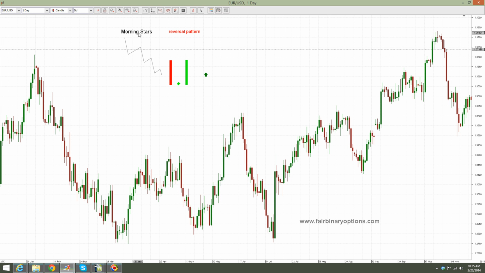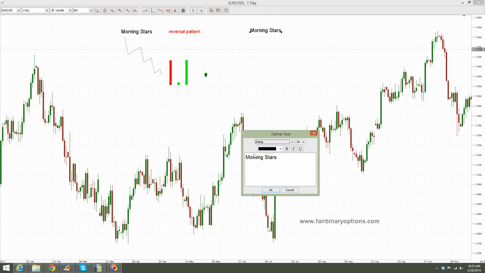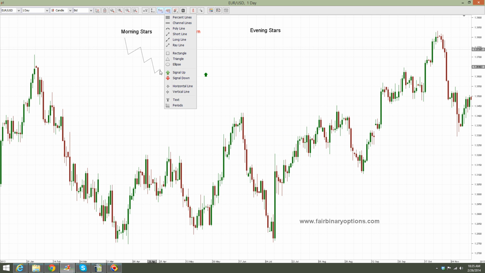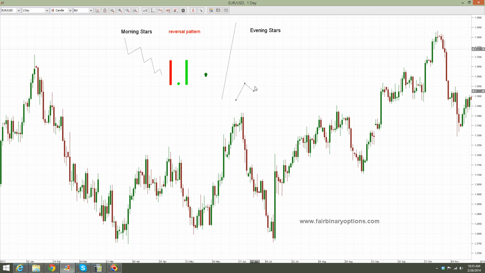Now these are the morning stars, but the evening stars represent exactly the same, with the big difference that they come after a bullish trend. So you have a bullish trend to the upside, something like this.